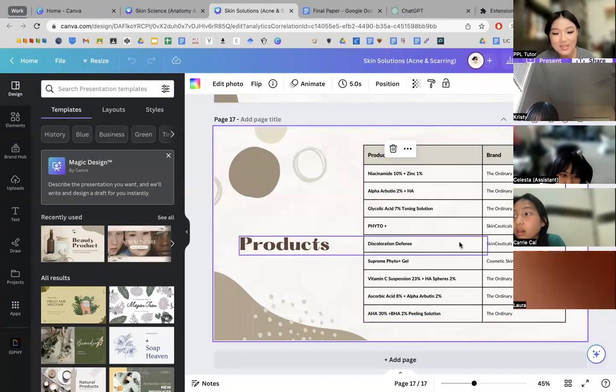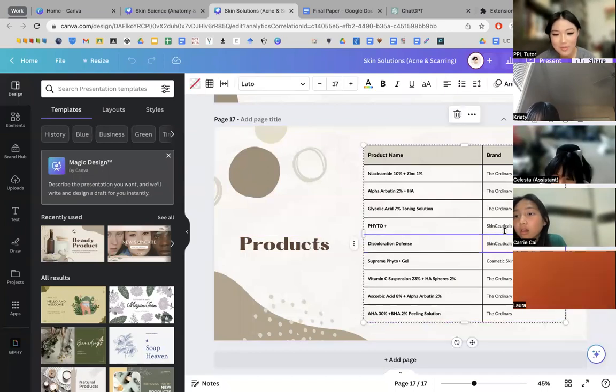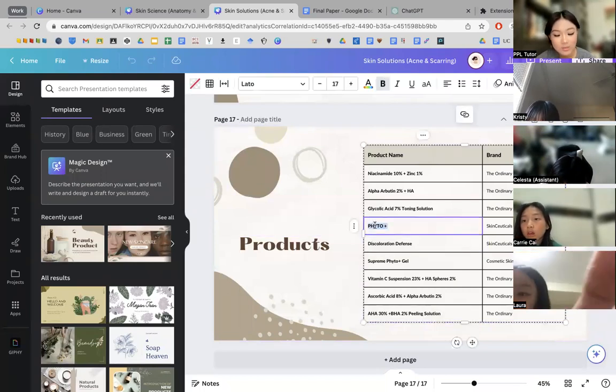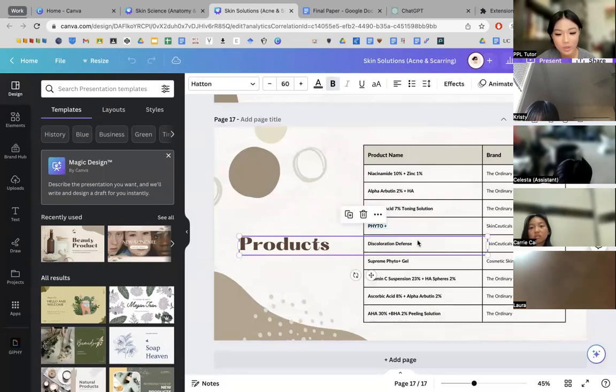And then skin cuticles. So this one is a little bit more on the expensive side. It helps with redness and discoloration, and I haven't really used this by myself, but I've seen some great reviews online. Like, people rave about this, and so is discoloration defense.